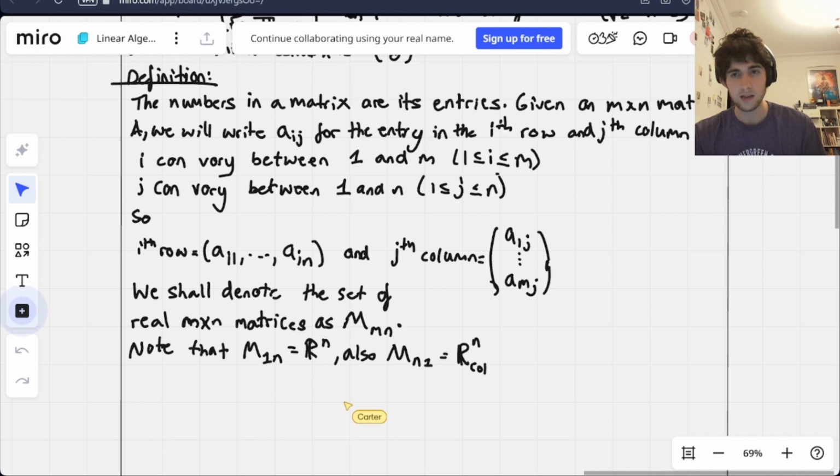Okay, so there are some important operations we need to be able to perform with matrices. We need to be able to add matrices, multiply a matrix by a scalar, and multiply two matrices. We need to be quite careful about how we define these things. We want to define them properly.